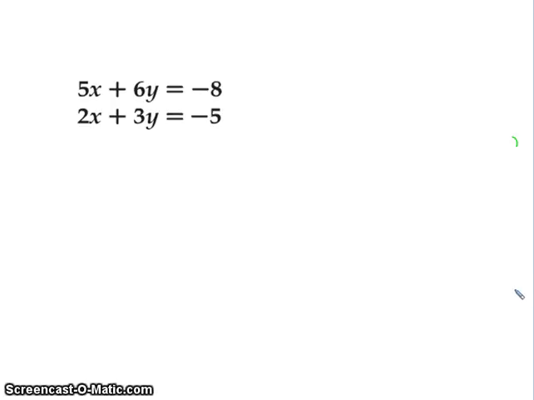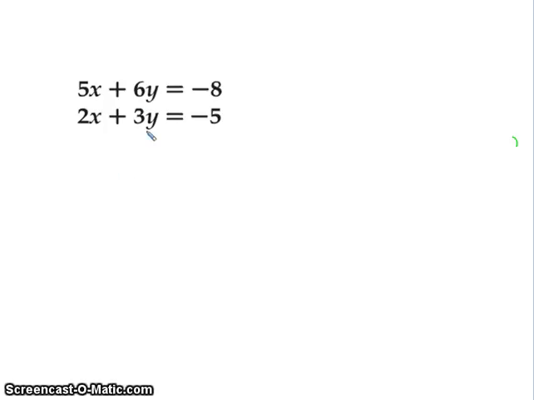Sometimes you'll encounter systems where you don't have to multiply both equations. So it's really good to look back and see the big picture before you just start using a method. So let's actually analyze this. In this case, if I eliminated x, I would have to multiply the top equation by 2 or -2, and the bottom equation by 5 or -5.